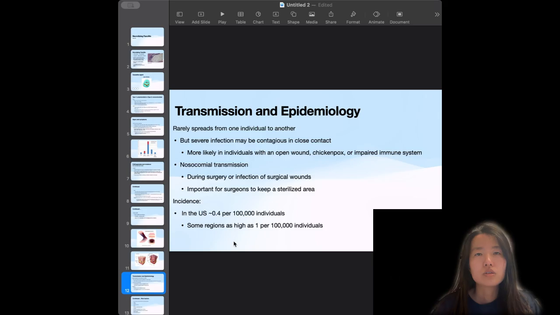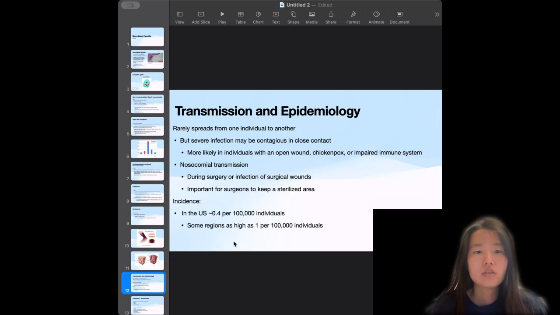This is during surgery or just in a hospital setting where the bacteria is able to enter through an open wound into the individual's body. So this is also why it is important for hospitals and surgeons to keep their area and tools sterilized to prevent the spread of infection.